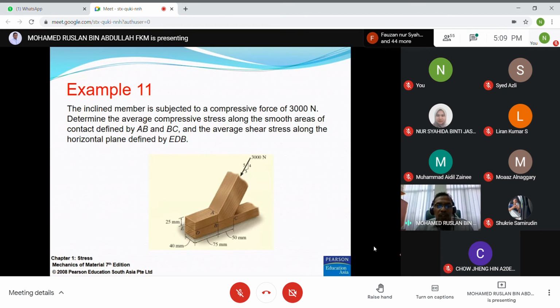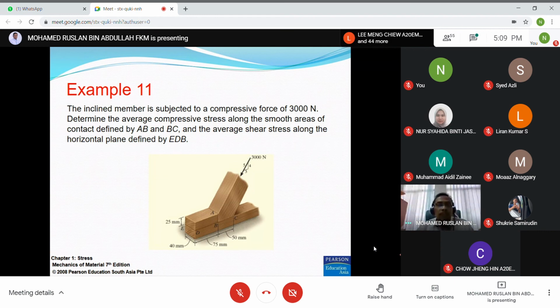Determine the average compressive stress along the smooth area of contact defined by AB and BC, and the average shear stress along the horizontal plane defined as EDB.